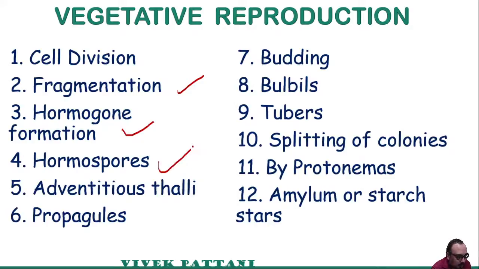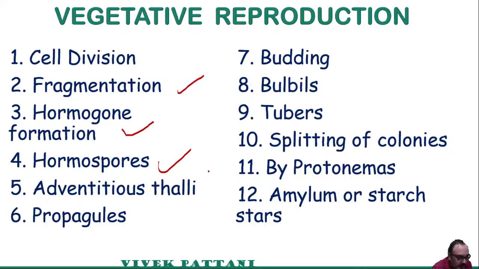Next come hormospores. These are basically a type of modified hormogonia, covered by thick mucilage. Under favorable conditions, they grow and germinate.